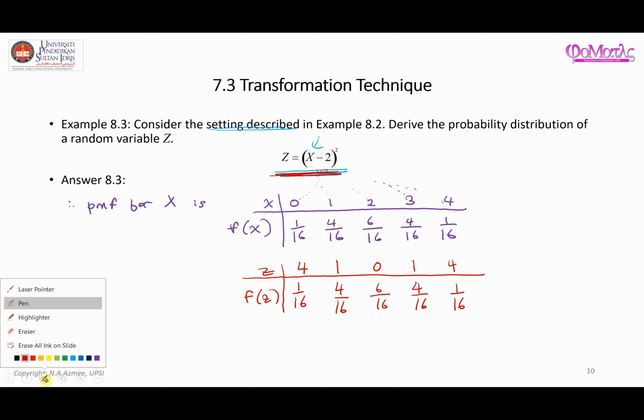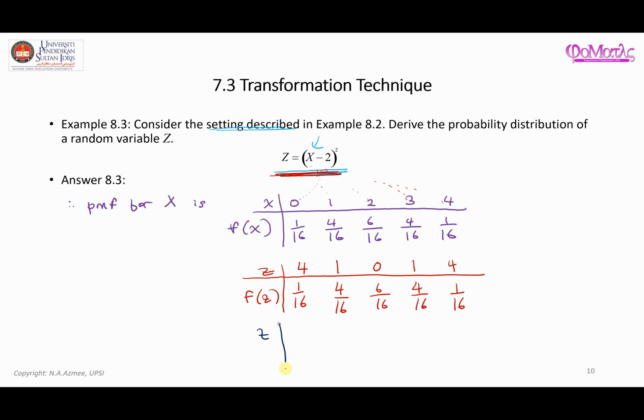And we need to simplify this table so that we have just the numbers that are not repeated. For example, we need to combine this result here with this one with this one. Okay, and I'm going to arrange it in ascending order.